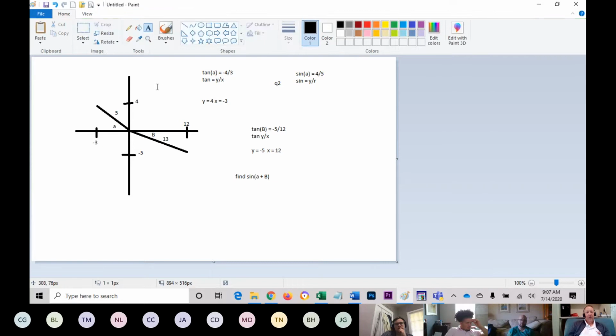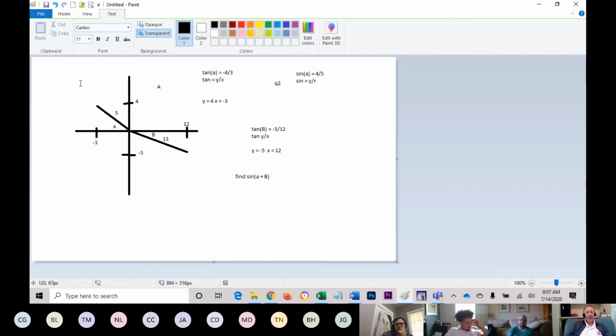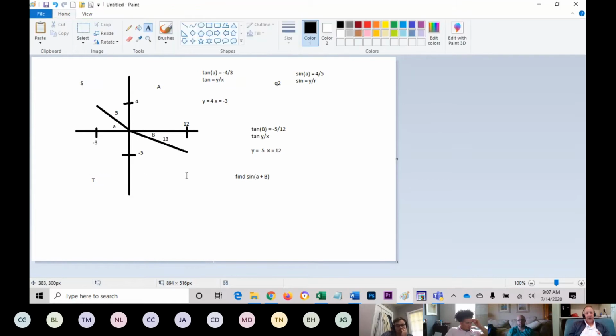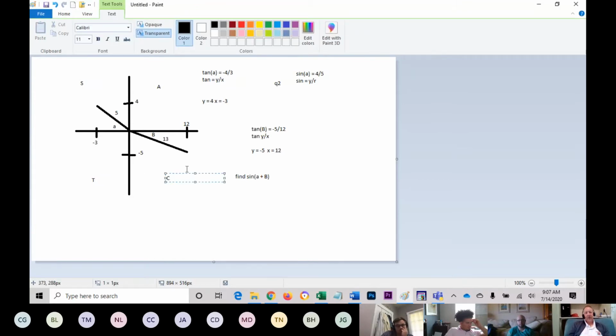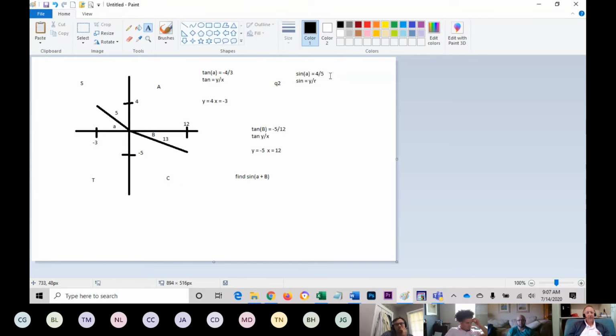And we remember that all students take calculus. So is this 4/5 positive or negative? Positive. Okay, so we know that the sine of alpha is 4/5.